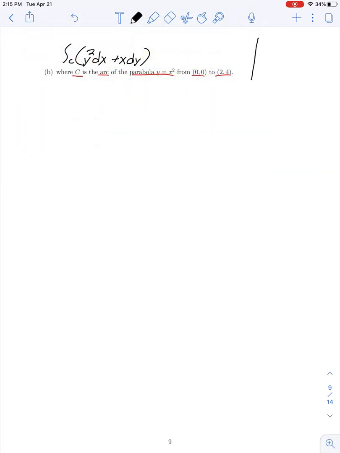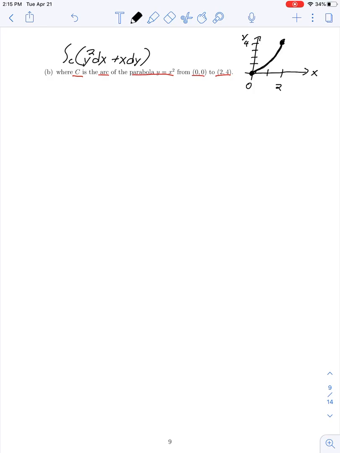So here, our curve would be the curve going from the origin to the point 2, 4, so it's connecting the same endpoints as the example we had in part A, but it's no longer a line segment. It is the arc of a parabola, y equals x squared.